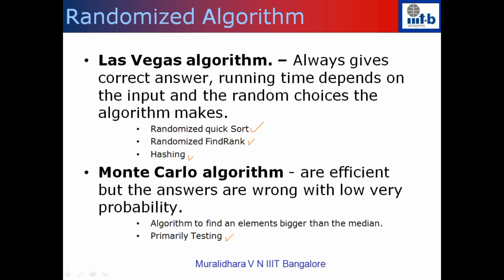If you want a deterministic algorithm, you need to spend k to the power 6 time, but if you are willing to live with a Monte Carlo algorithm, where when the algorithm says it's a prime, it is a prime with probability 1 minus 1 by n, then you can design algorithms which are much more efficient compared to the corresponding deterministic algorithms.